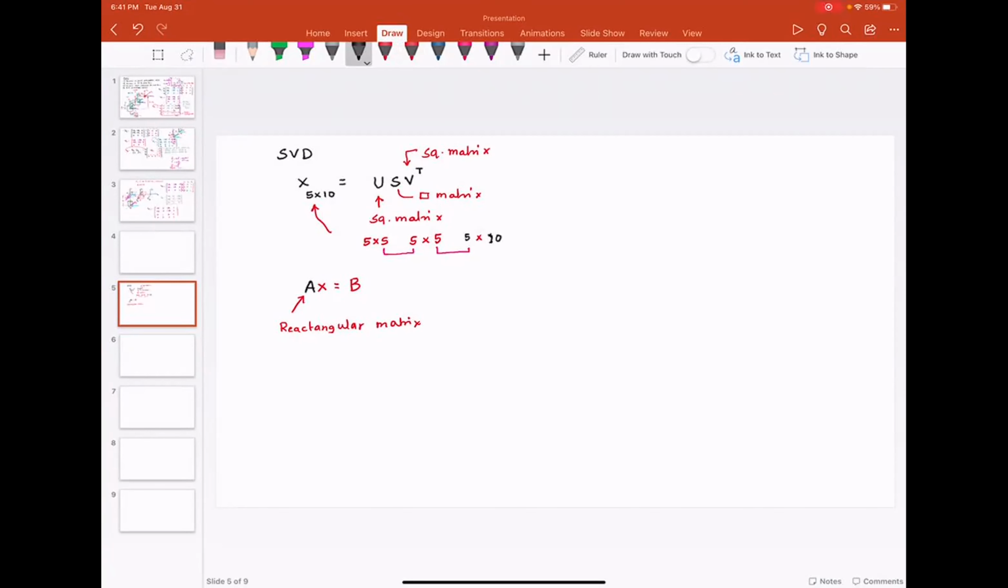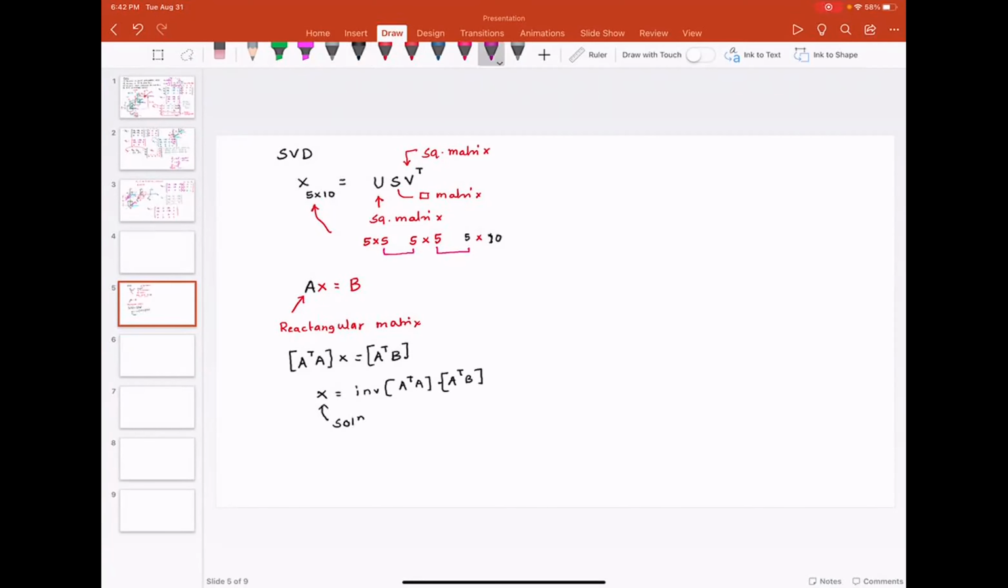And if you recollect, in the last class I talked about solving this: the matrix comes from A transpose A, X is equal to A transpose B. And then X is equal to the inverse of A transpose A multiplied by A transpose B, and you can get the solution for X.